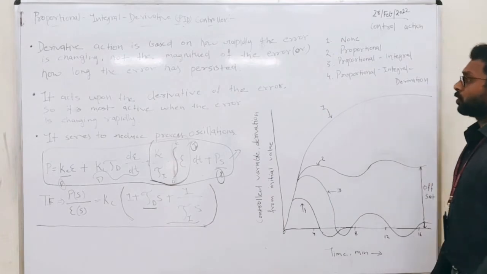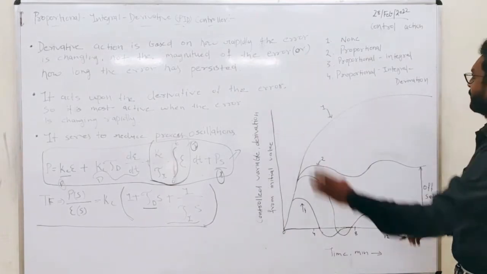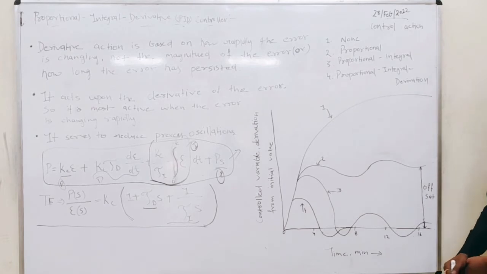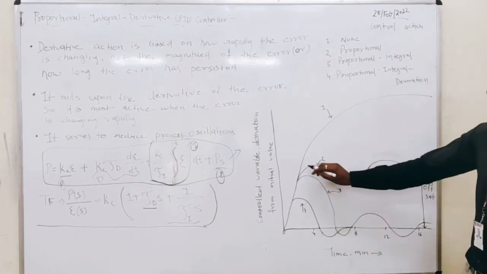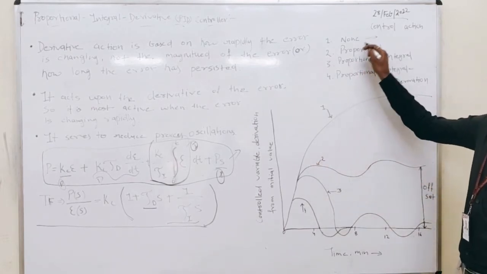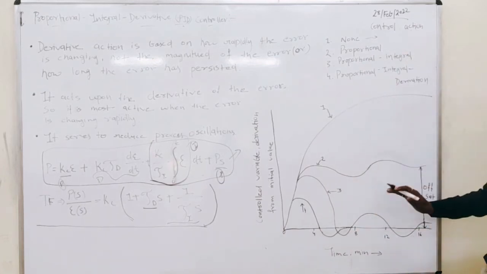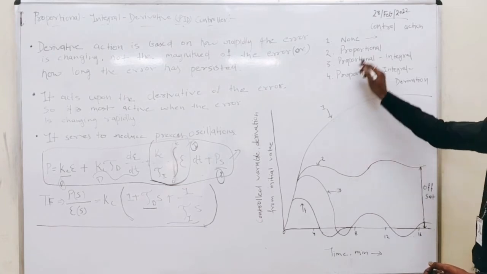Okay, so now let us see the whole PID controller process in a graphical representation. One by one I will explain. Each line represents a controller action. The first one is no action.